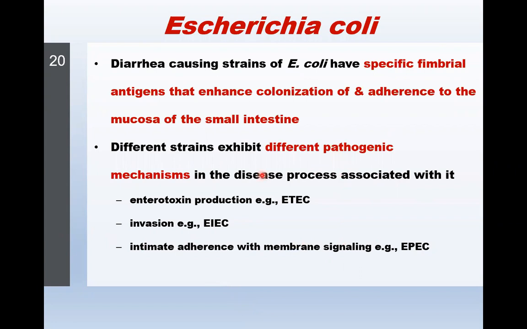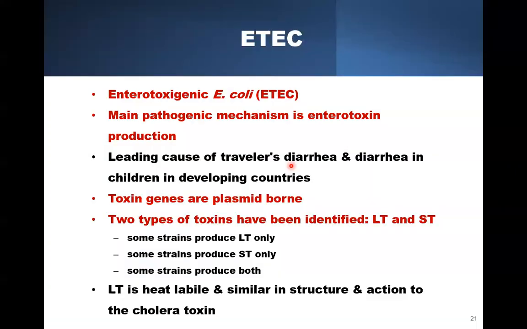Now, those strains of E. coli that cause infection are different from the normal microbiota. They have specific fimbrial antigens that enhance colonization of and adherence to the mucosa of the small intestine. Different strains exhibit different pathogenic mechanisms, like I've said earlier.